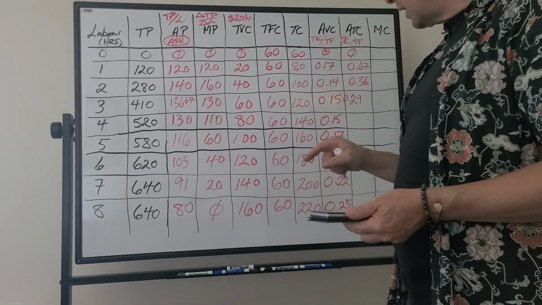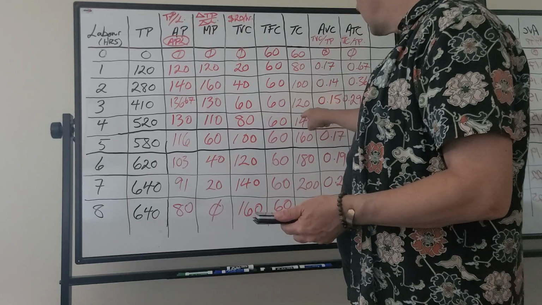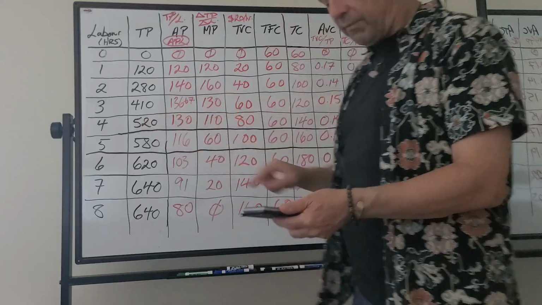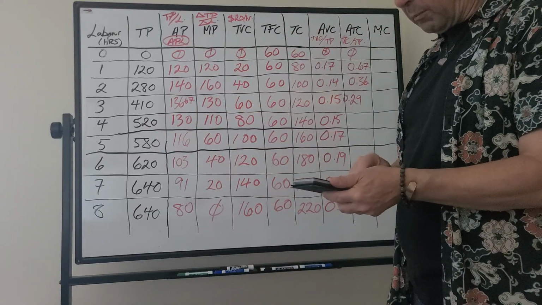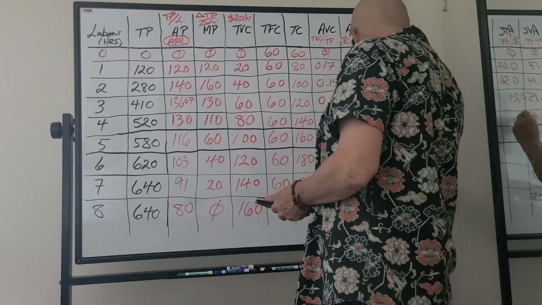And then now we've got 140 over 520. 140 divided by 520 is 27 cents.